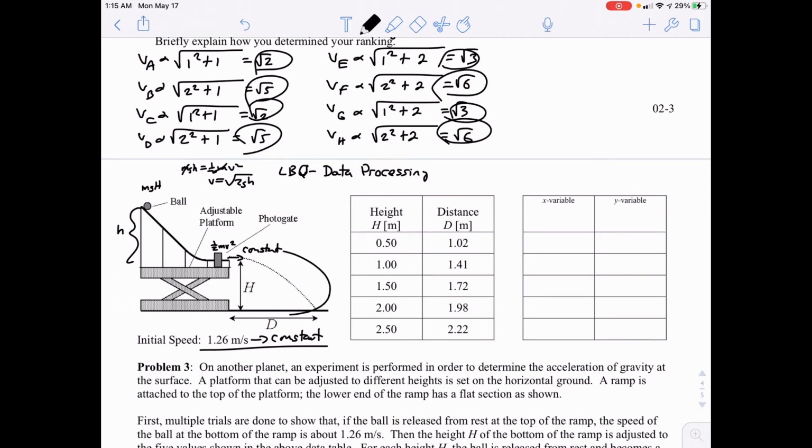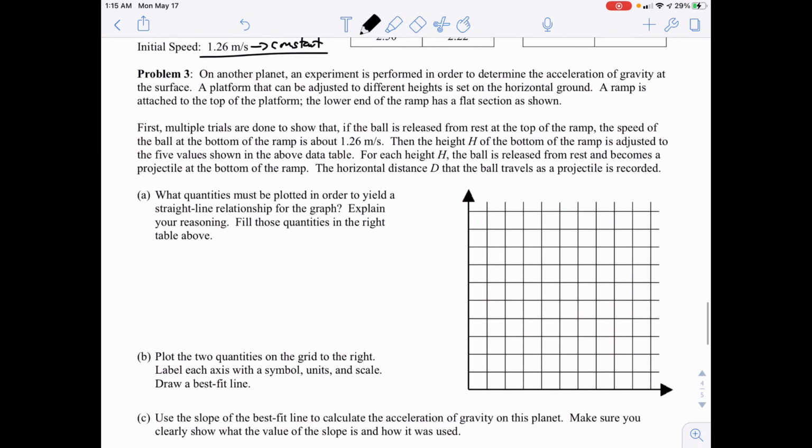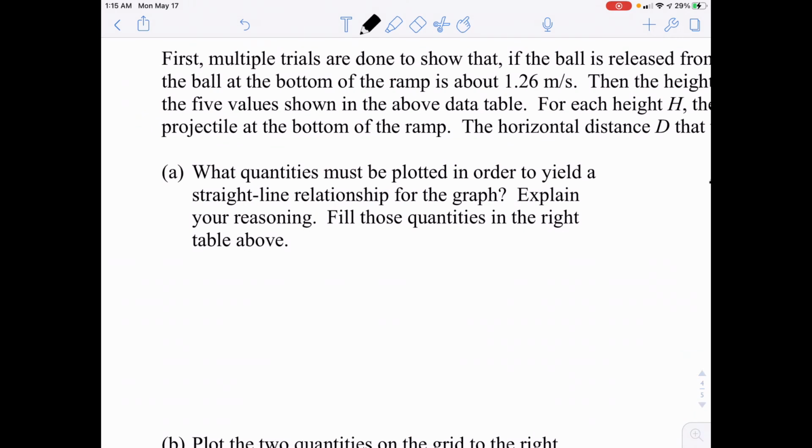Since you are accelerating due to gravity here, if you were to plot horizontal distance and height, well, let's just say we can start with the following.